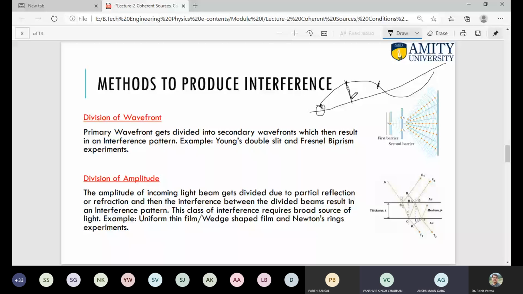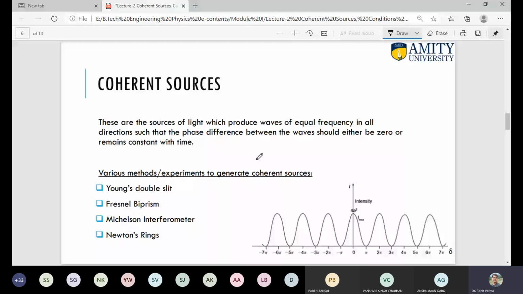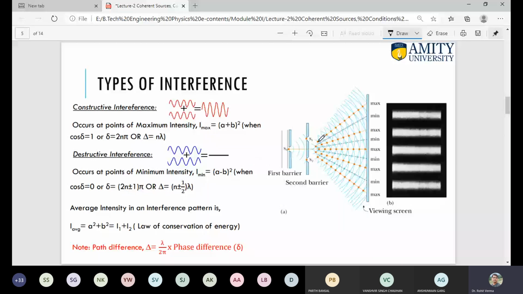Yes, nodes. So I have explained that in the case of Young's double slit experiment: the points at which a crest falls over a crest or a trough falls over a trough, if you join all those points, then the line which you make is known as an antinodal line. When a crest falls over a crest, or a trough falls over a trough, this will be an antinodal line.